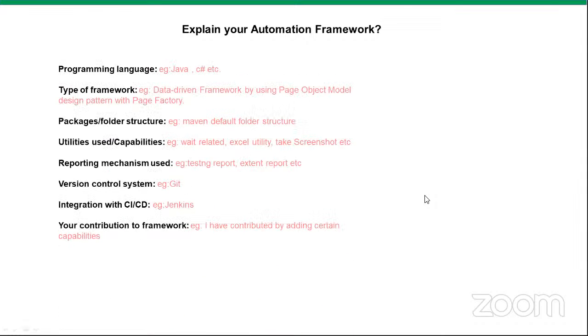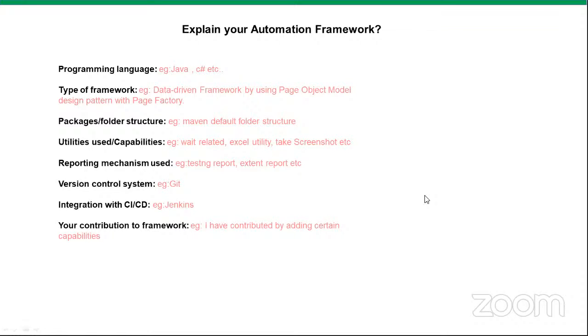Basically, these are some of the points that you may need to consider before answering a question like this. You can start answering this question by talking about the programming language that is used in the framework. You can explain the type of framework that is used.